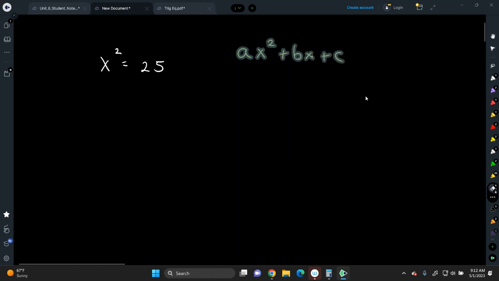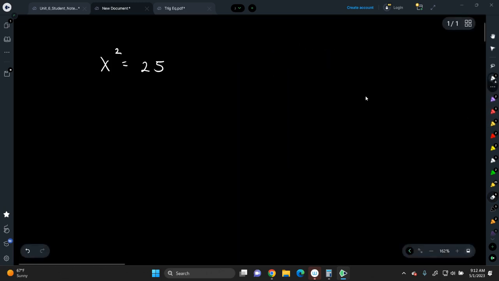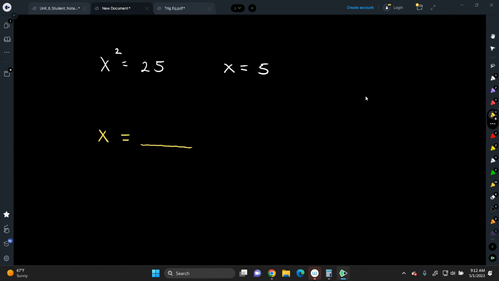What does x equal? 5. Because what? 5 squared is 25, right? So in your head, you're like, okay, I know x is 5. But actually what we're doing, because we want to end up with x equals something, is taking the square root of both sides of this equation.